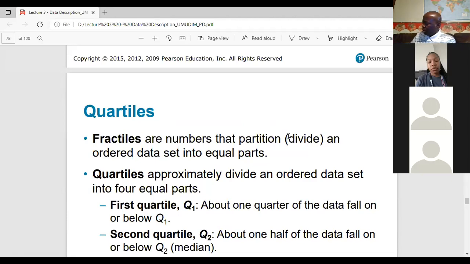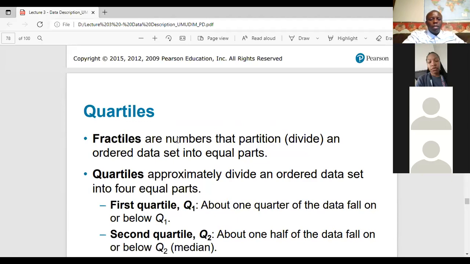Let me make sure everything is ready for moving further. So now we use these measures to locate the position or the relative position of a data value in a data set.